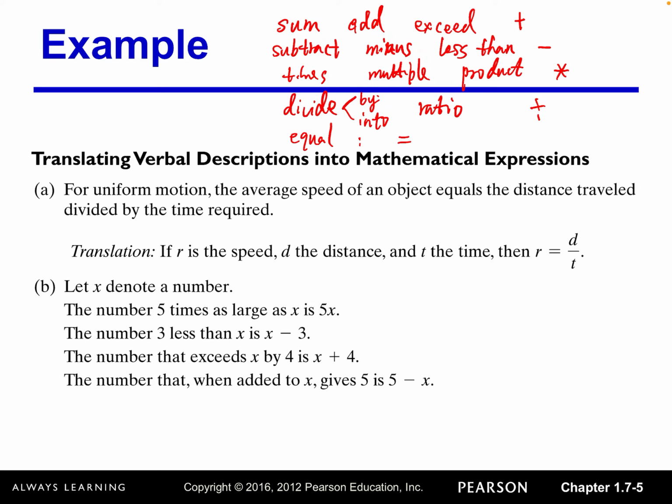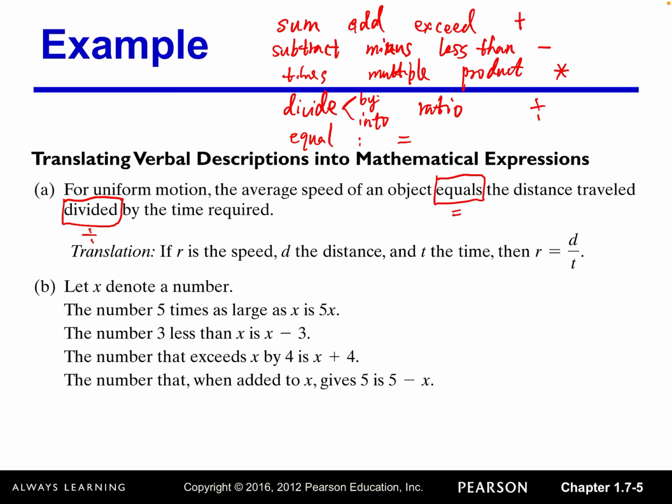All right, now let's look at some examples. A, for uniform motion, the average speed of an object equals the distance traveled divided by the time required. Can you identify the keywords? Equals translates to the equal sign, and divided translates to division. Then for each side, we use a variable to represent it.